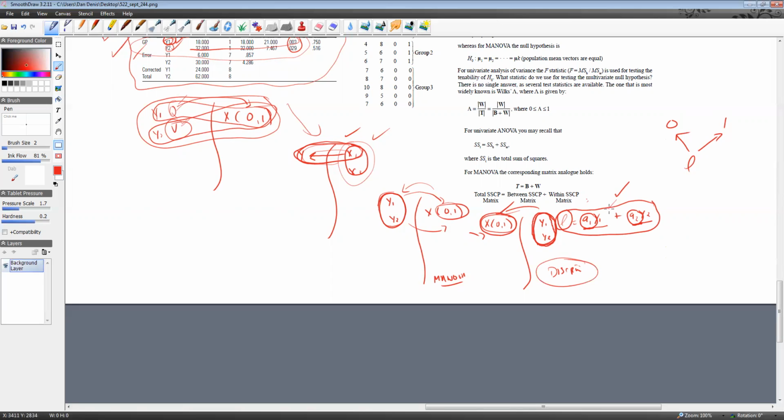And that linear combination is the discriminant function that provides maximum separation. In MANOVA terminology, this linear combination exists, but we're not talking about it in terms of providing maximum separation; we're talking about mean vector differences between the groups.